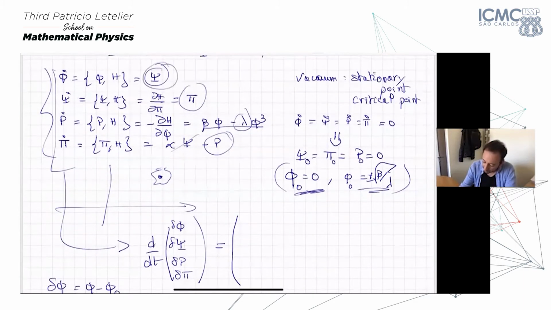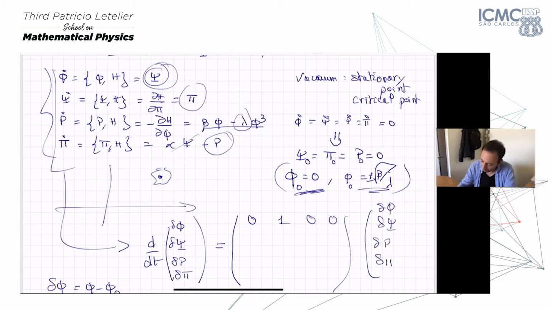So here we have only psi, so that is already linear, multiplying delta phi, delta psi, delta p, and delta pi. Fine. The psi dot is pi, it's already linear, so it is 0, 0, 0, 1. Then we have p dot, which is this.